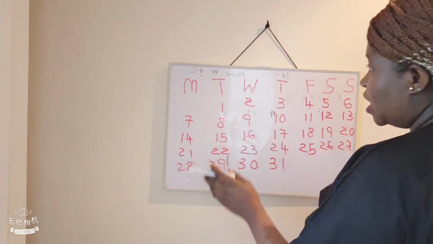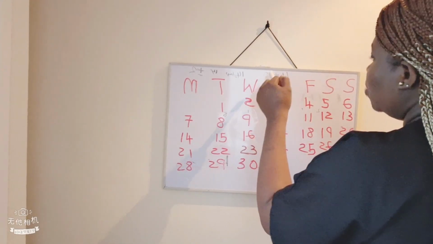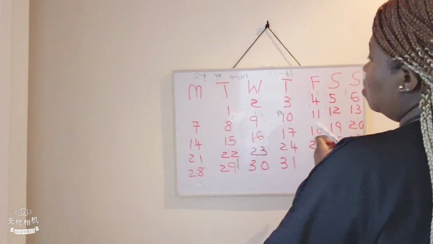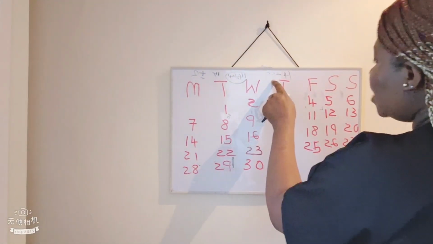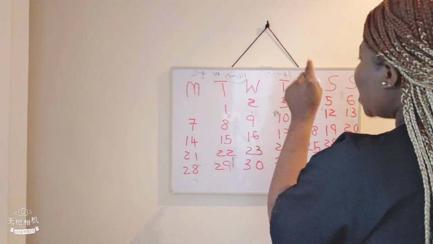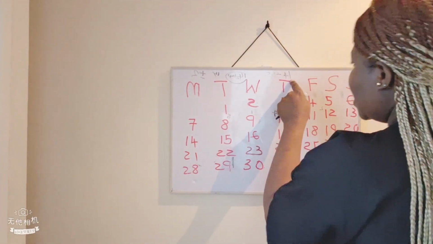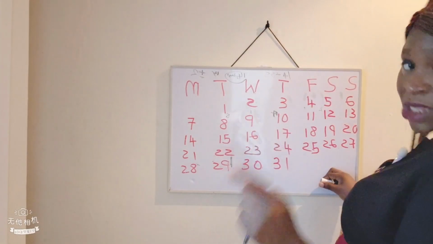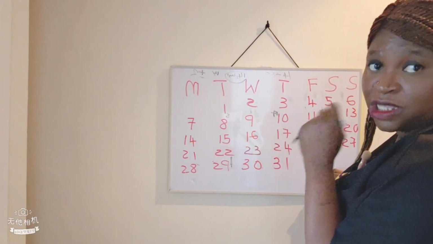Someone with a 28-day cycle needs to subtract 14 from 28, because 14 is the average ovulation day for everybody. So you subtract the average, the universally accepted ovulation day, which is 14, from your menstrual cycle, and we get 14, which means this person with a 28-day cycle is likely to see their ovulation on the 14th day.